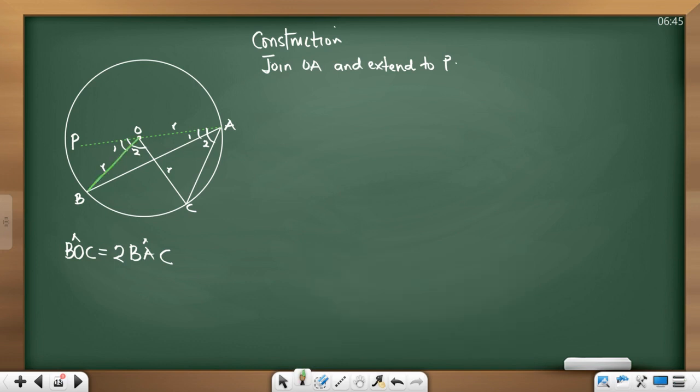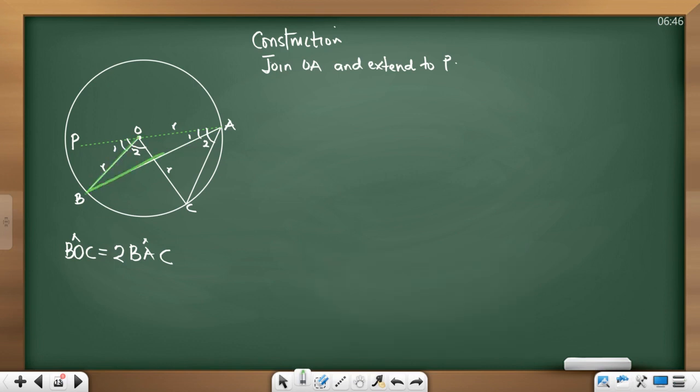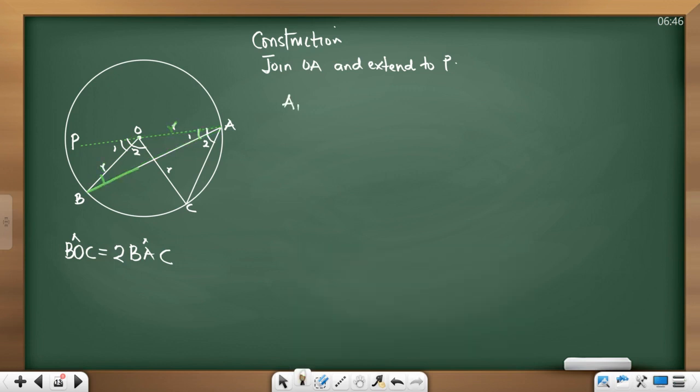Do you see a triangle here? So angle A1 is still equal to angle B. Makes sense? Angle A1, if you look at that, is still equal to angle B. So that will not change.